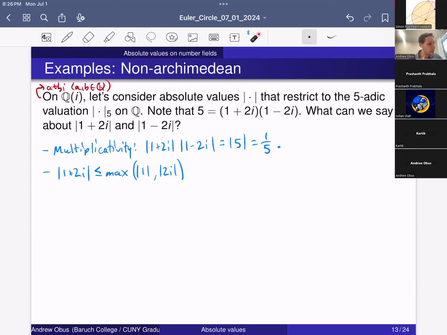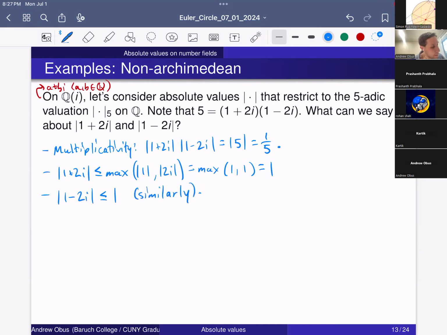So when you do that all out, the absolute value of 1 plus 2i had better be less than or equal to the maximum of 1 and 1. Both of these things have absolute value 1, so this is at most 1. Similarly, the absolute value of 1 minus 2i is also going to be at most 1.